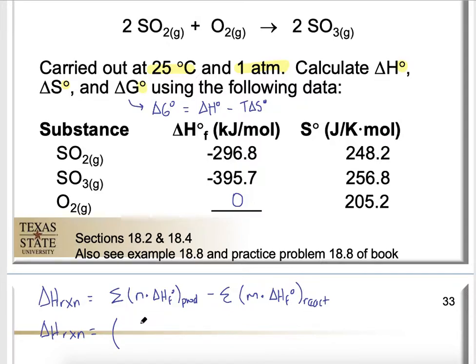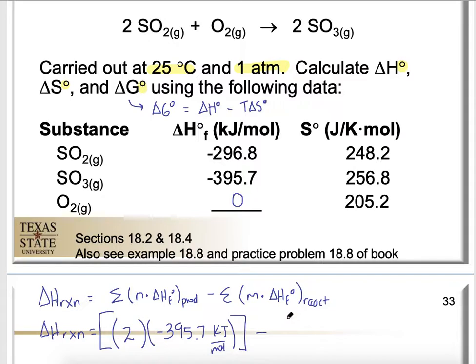I'm going to leave a parenthesis for my N. I'm going to put my negative 395.7 kilojoules per mole here for my enthalpy of formation. Now the coefficient for that SO3 is equal to 2. We don't have any other products, so we don't need to add anything else. That's it for that term. I'm going to close it in brackets just to keep things neat.